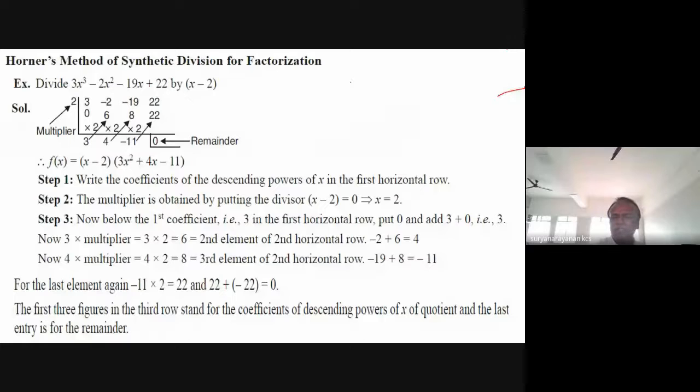Here they wrote it wrongly; it is a print mistake, it is minus 22. Then simplify these two numbers, minus 22 and 22. What will you get? 0. Whatever the last number you got, this number is called the remainder.